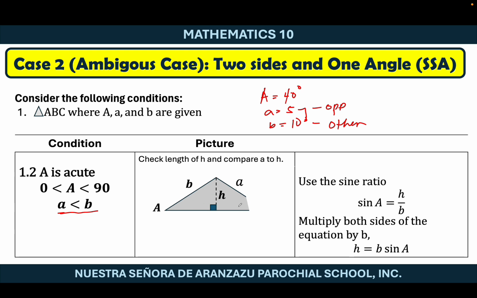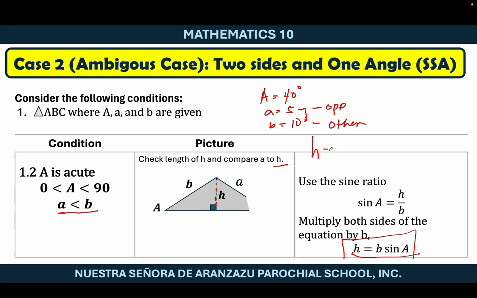Now, the first one is when your a is less than b, you have to identify the measurement of the height. Ano yung sukat ng height? Now, paano nyo makukuha yung value ng height? Now, sundan nyo ito.